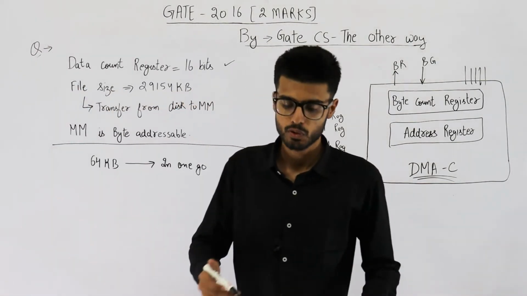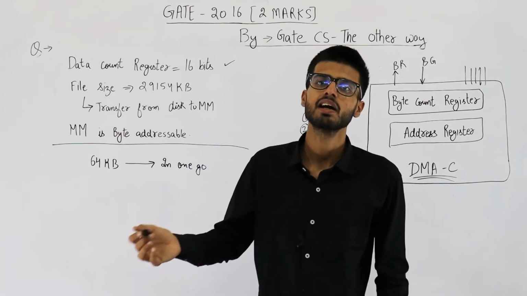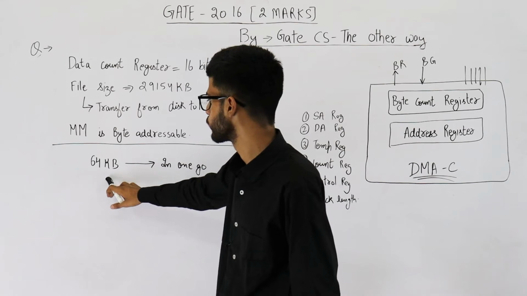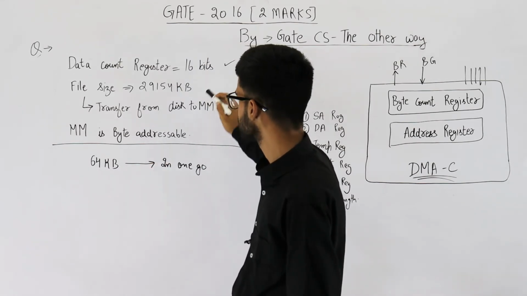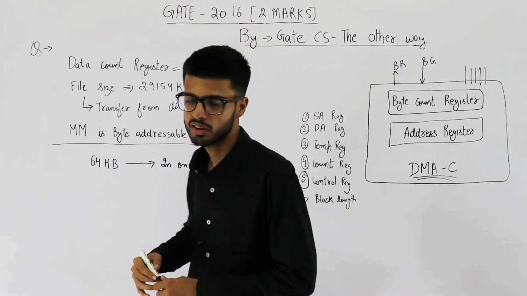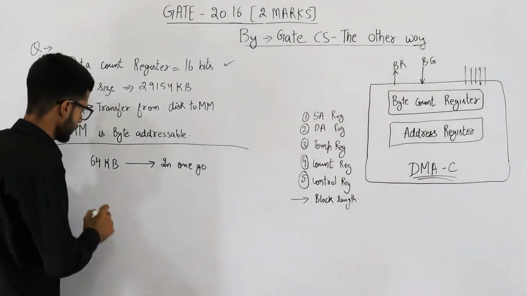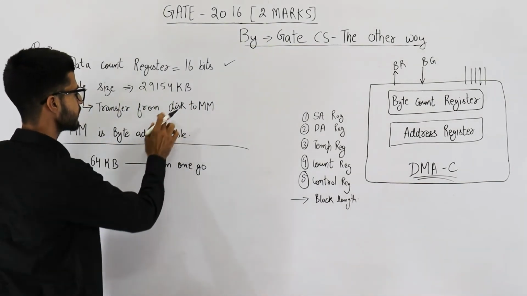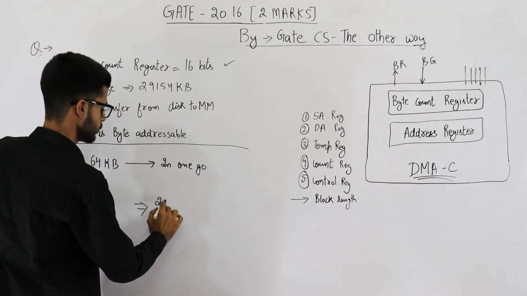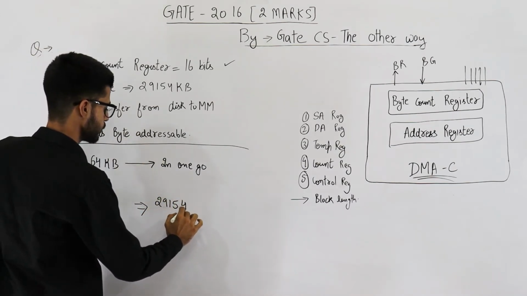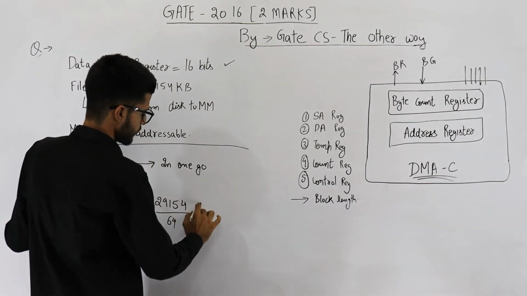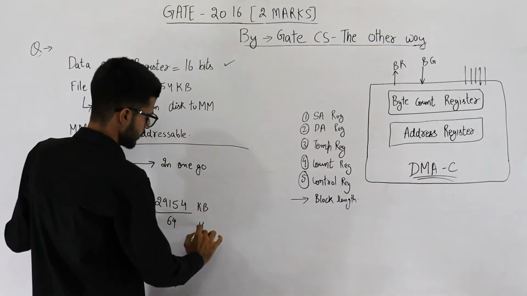How many times will DMA take control of the bus? In one time you transfer 64. Total file size is this. How many times do we need to get the control? That will be total file size divided by 64. 29154 divided by 64 KB.